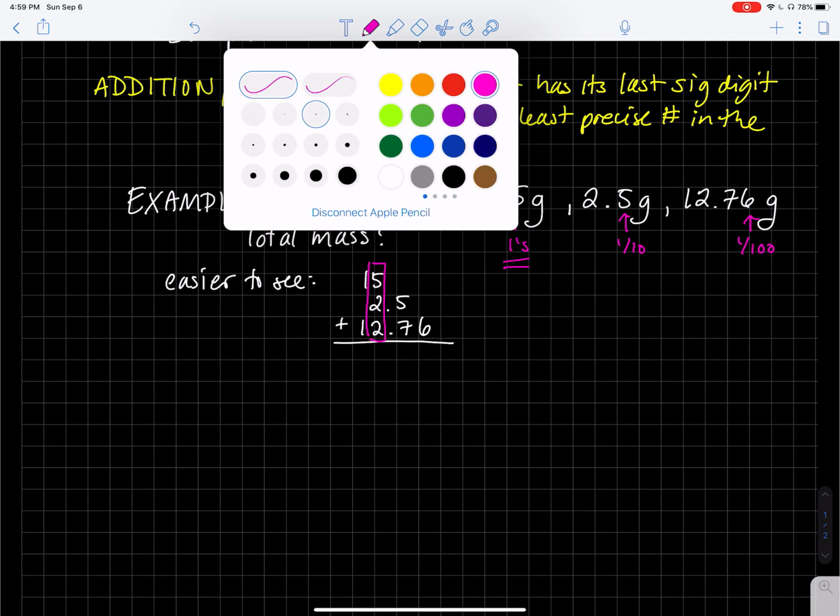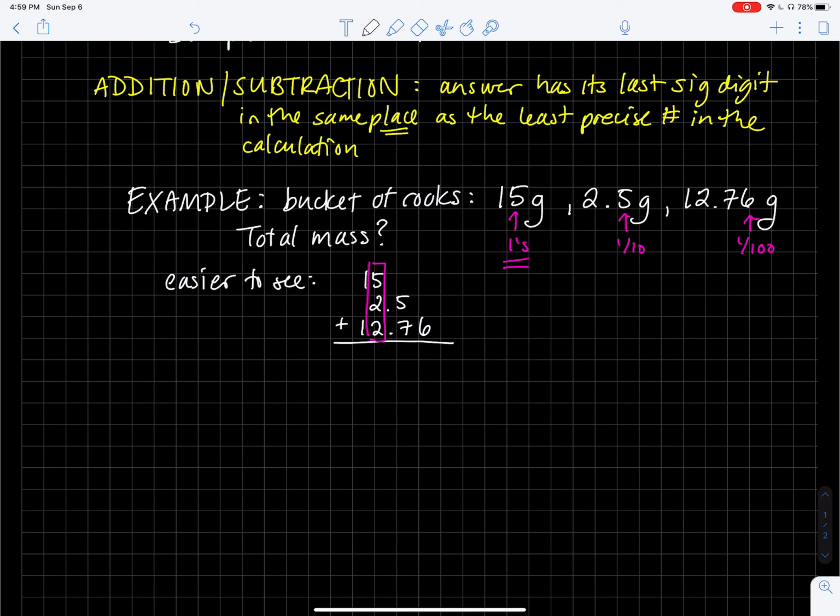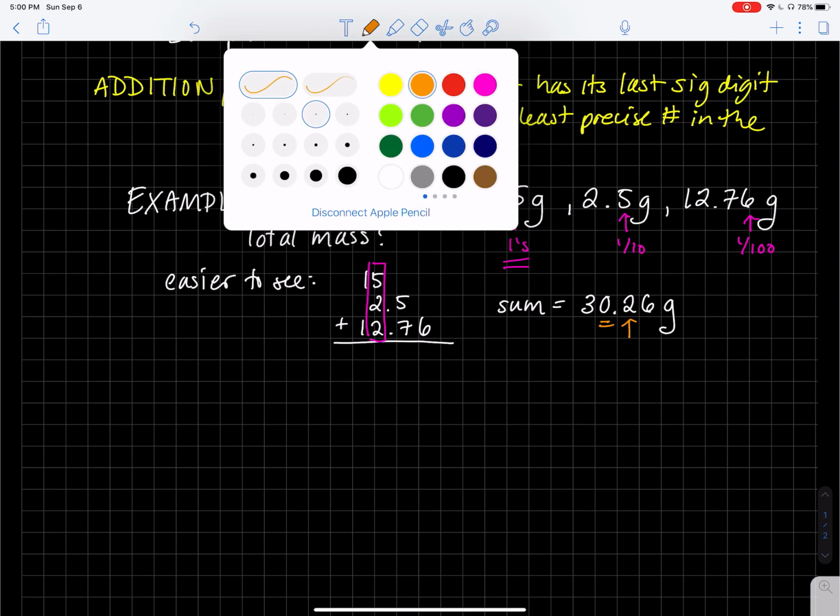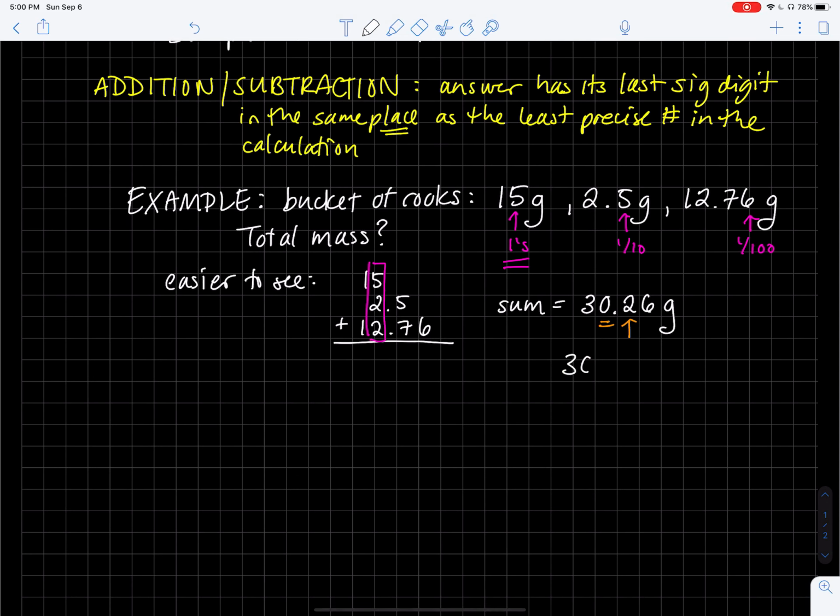All right. So if I add these numbers together and just put them in my calculator, I get 30.26 grams. I need to round it to here, so I need to look at this number. And so the answer is 30 grams, which is sort of ambiguous and not so satisfying, although nobody writes 3.0 times 10 to the 1 grams.